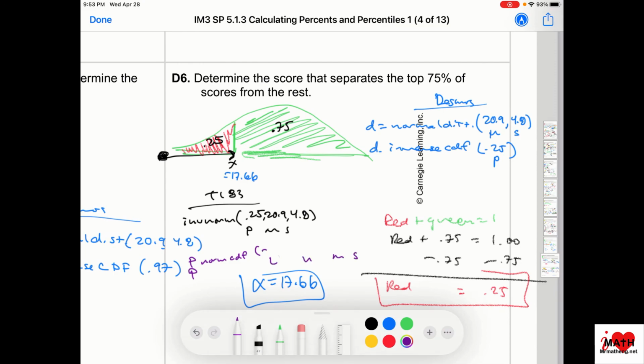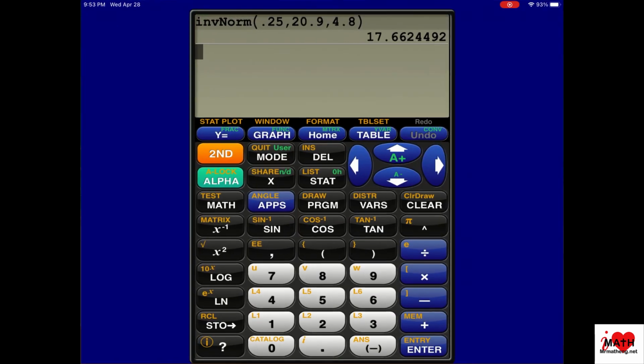So my lower would be negative 9,999, something like that. My upper would be at 17.66. I'm trying to prove to you how it equals 25%. Mean is 20.9 and standard deviation of 4.8. And of course, it's going to find a probability or percentage, which is 25%. I'm just trying to show you how to check your answer.